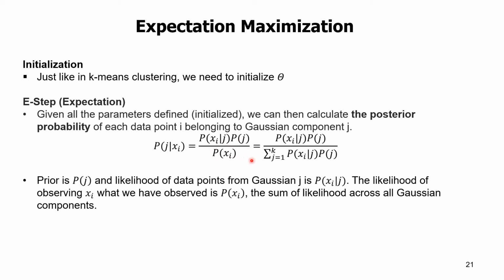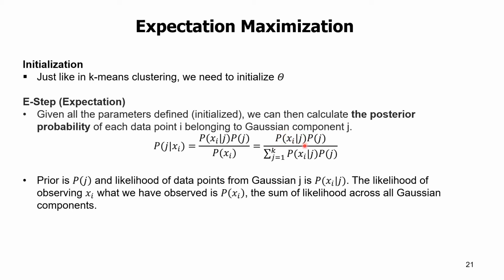This one becomes this because data xi can be generated from Gaussian 1, Gaussian 2, up to Gaussian k, so you do the addition here. And this one is again the probability that xi is generated from Gaussian j. As I said, you select Gaussian j first. This is the mixture weight, and within Gaussian j, you generate data xi.